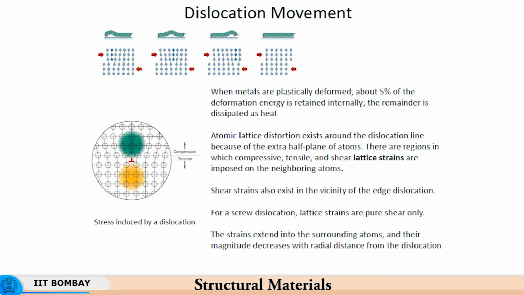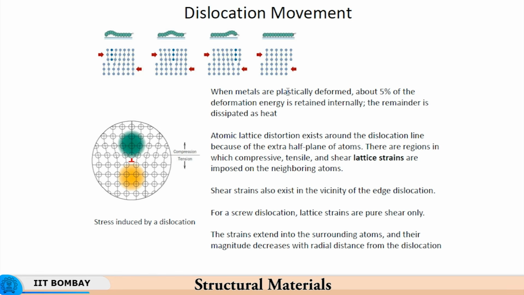Right. So now when you have a dislocation present, an atomic distortion takes place. As you see here, you have compression taking place there and tensile stresses induced here. So now there is a distortion of the lattice, and therefore you have stresses and strains which are introduced into the lattice.